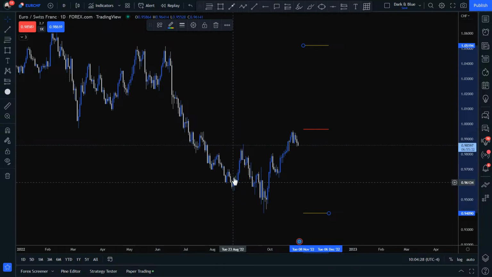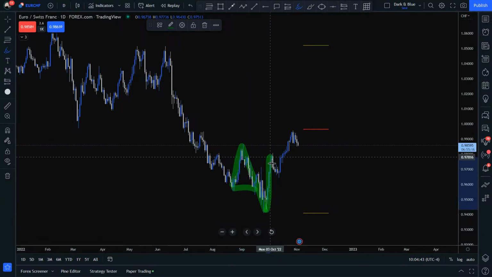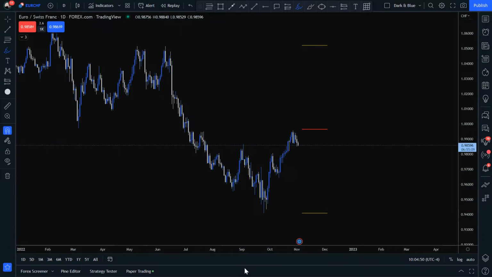Now, here we have a good pullback, a daily swing high, and a break of market structure here. Price pulls back up and then takes that high. That is an internal break of structure. We are inside the trading range of the swing high and low, right?